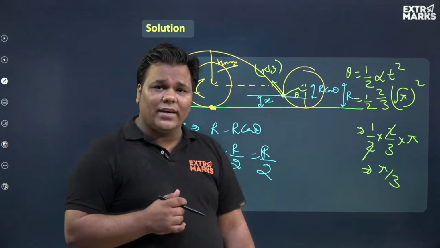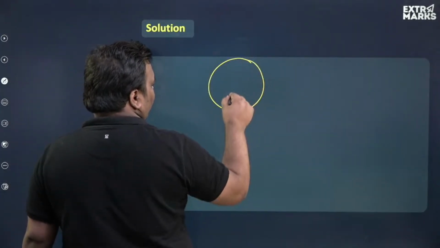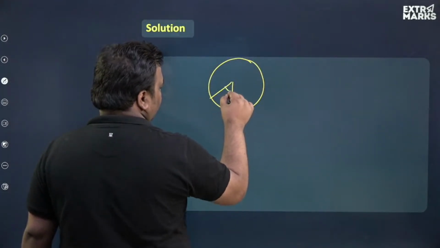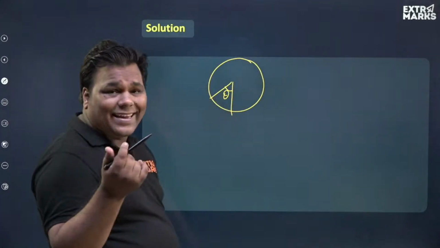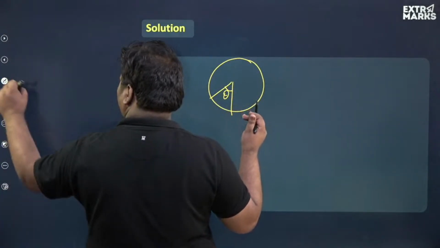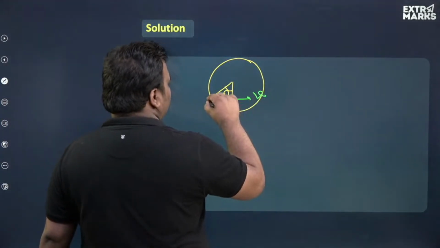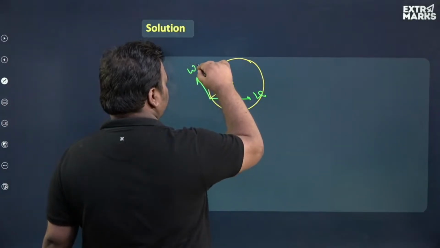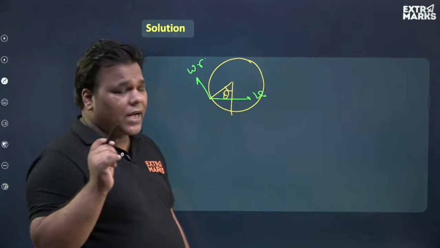Okay, sir, how can we calculate the velocity at this point? It's very simple actually. For this projectile, this is theta, right? So it will technically have two velocities. One is in the forward direction, and the second is omega r.